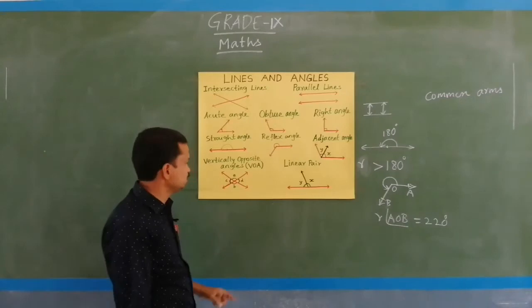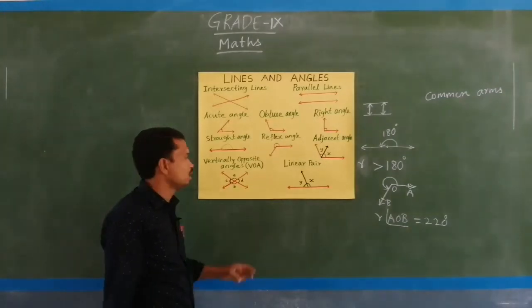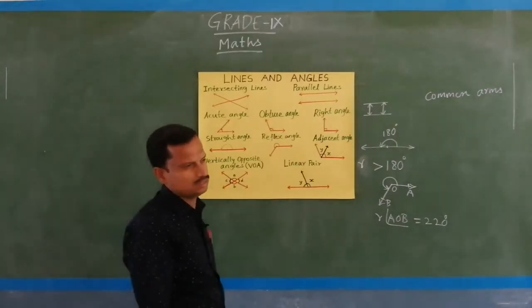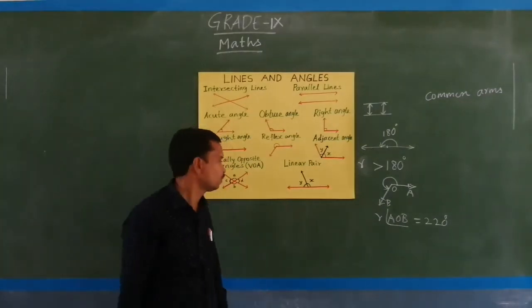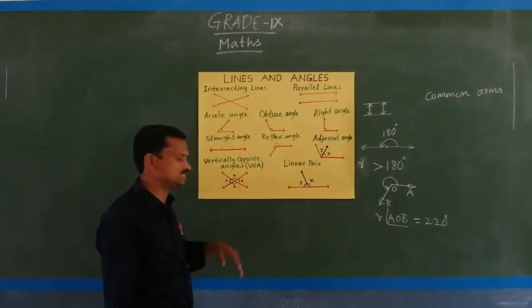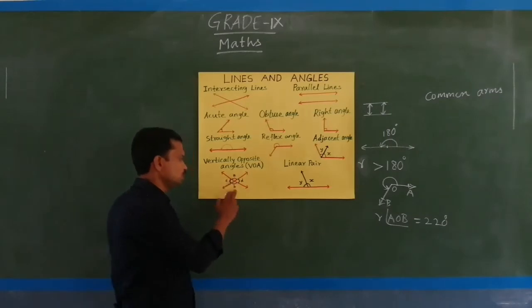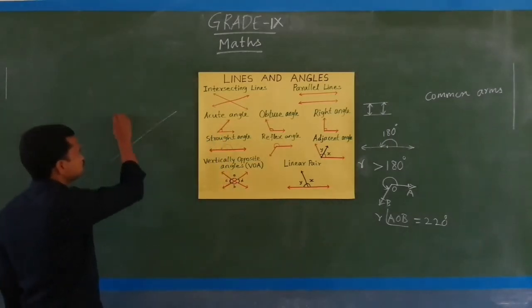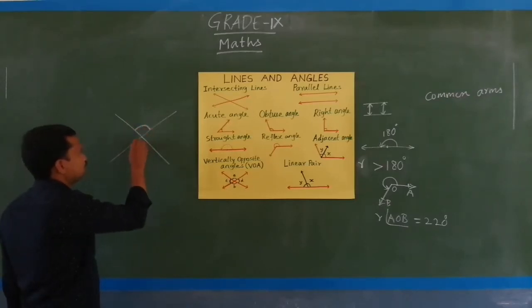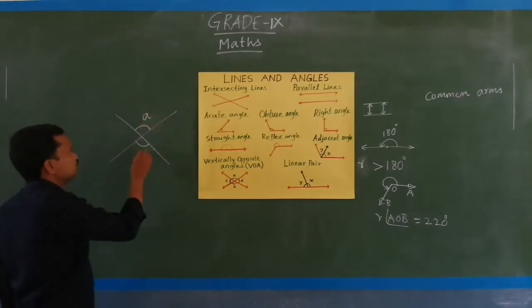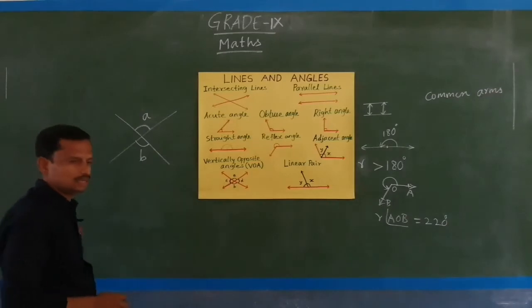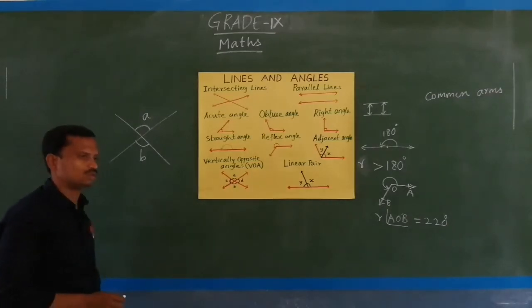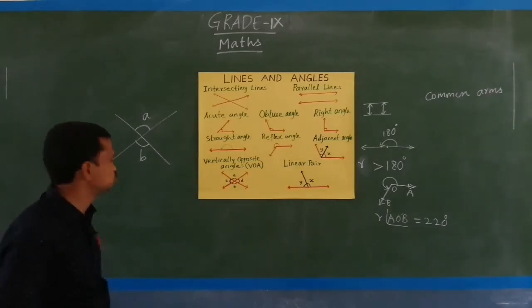And then vertically opposite angles. If two lines intersect, this angle and this angle, if you name them A and B, then A and B are equal, and they are called vertically opposite angles.